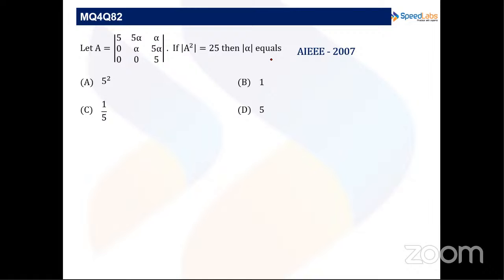Okay. So we are given the matrix A. Actually, that must not be a determinant, that is a matrix. And if determinant value of A square is 25, then alpha equals to. First of all, we need to find matrix A into A.